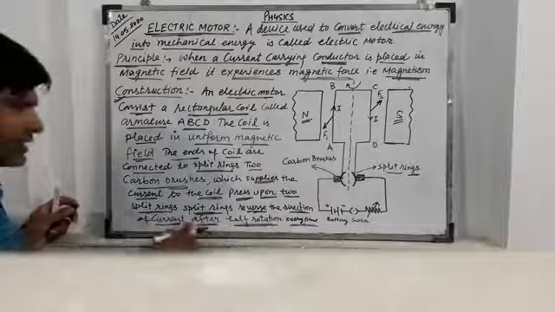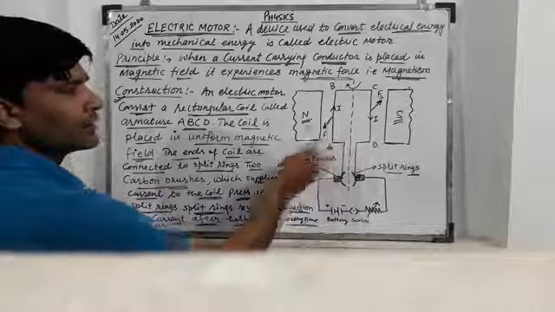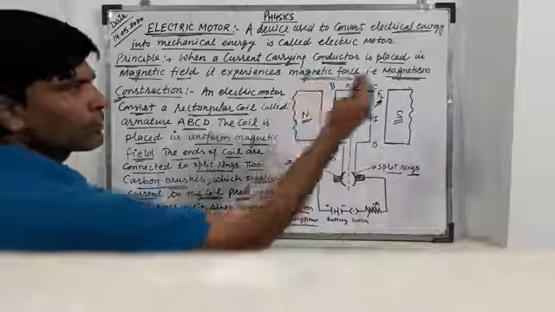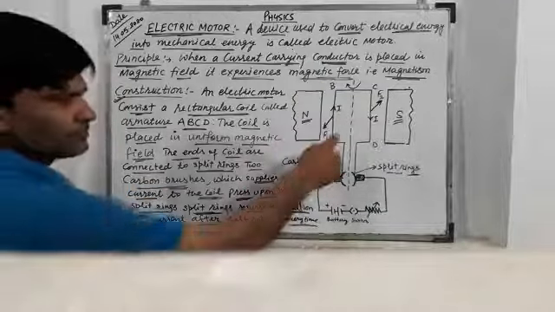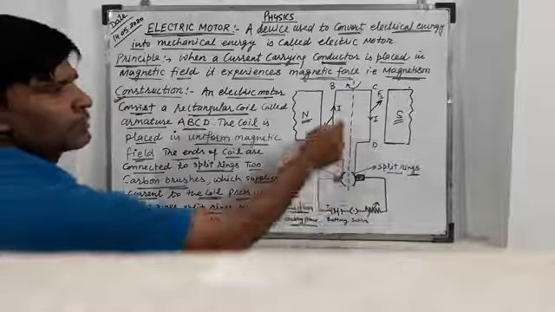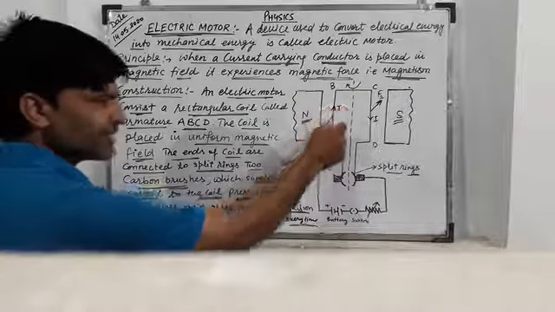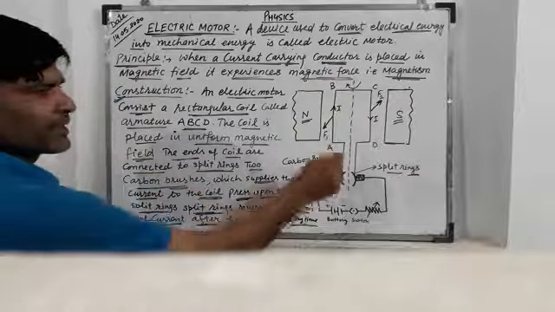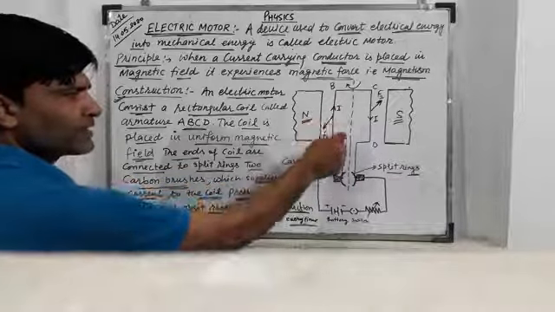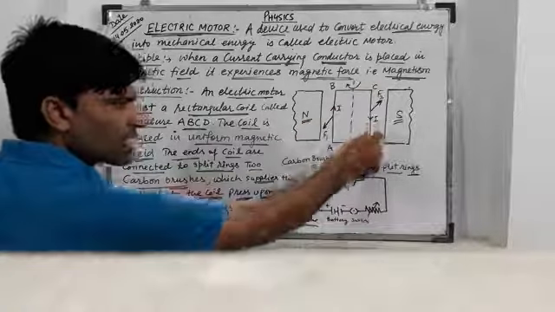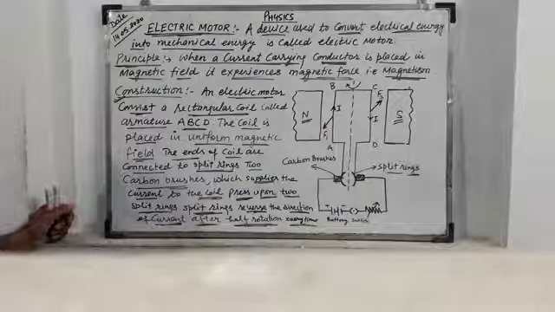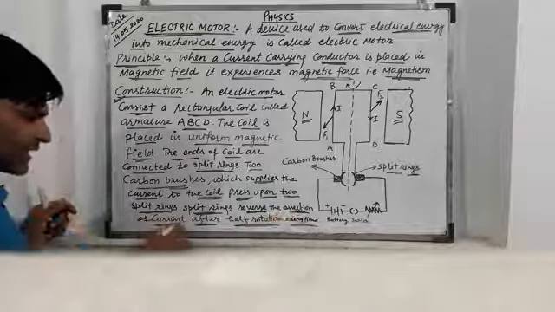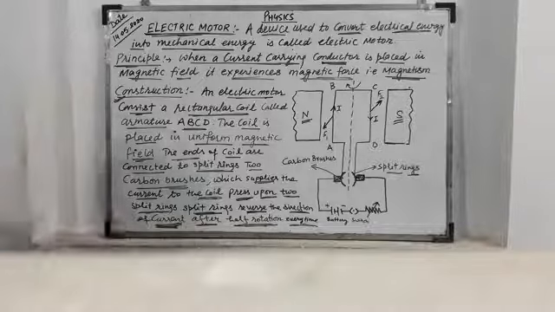You can see this, when this coil rotates, then you observe that when this reaches this position, this upward current converts into downward. So the split rings reverse the direction of current.